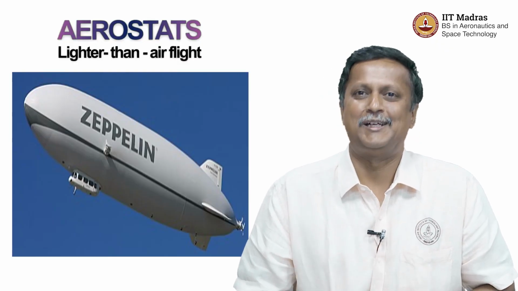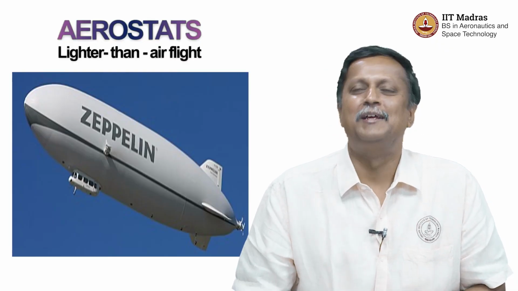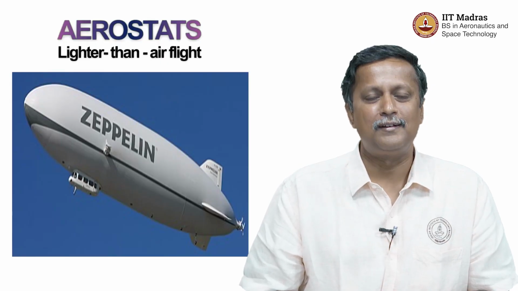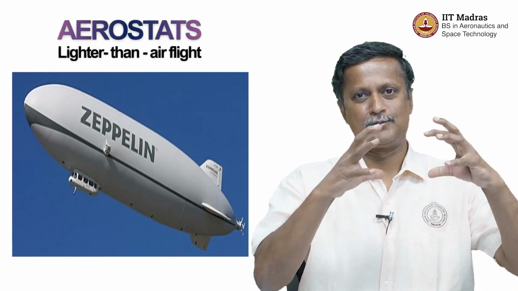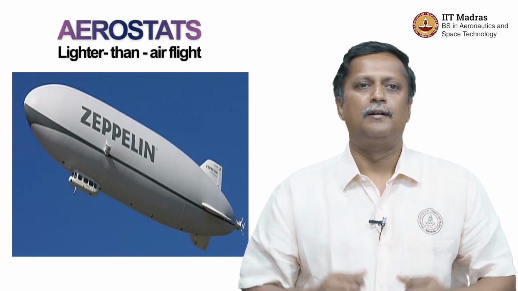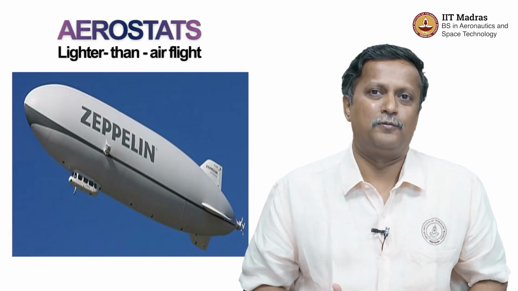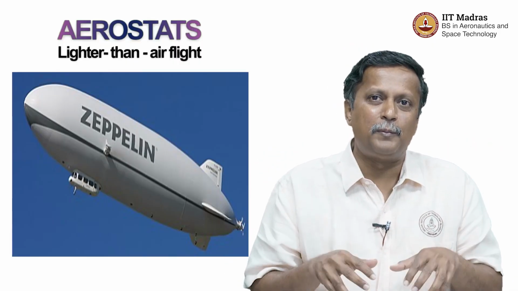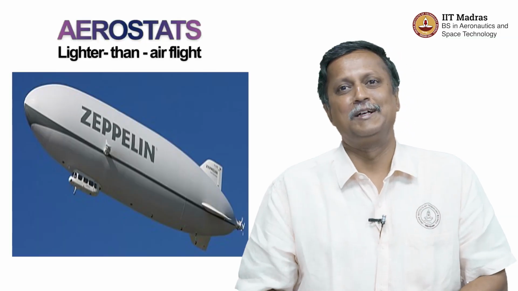In fact, the first time I saw this Zeppelin image was when I was a high school kid, and I thought this long tube which has the word Zeppelin written on it was the fuselage, and the people are sitting inside that. That's not actually correct.